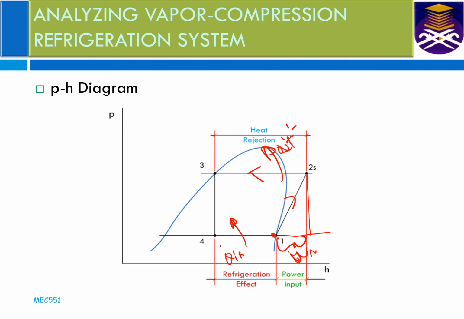This is the refrigeration effect, and this is the heat rejection. Make sure that you can draw first the schematic diagram, then the temperature entropy diagram, and thirdly the pressure enthalpy diagram.